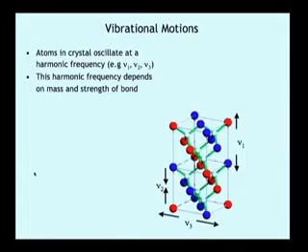Similarly, at the same time that these electric fields are oscillating, the atoms in any crystal structure are also oscillating. Okay, they're bound in there by the forces that are holding those atoms together, but they're certainly not balls on sticks like you see in a chemistry class. A much better model would be balls on springs.